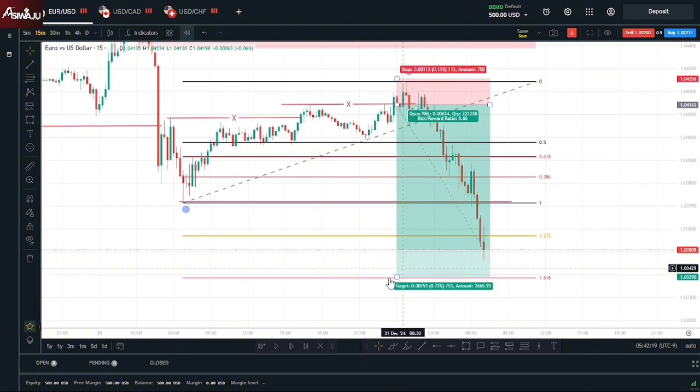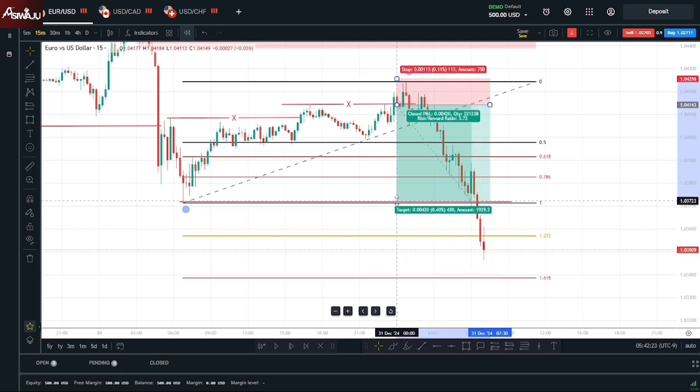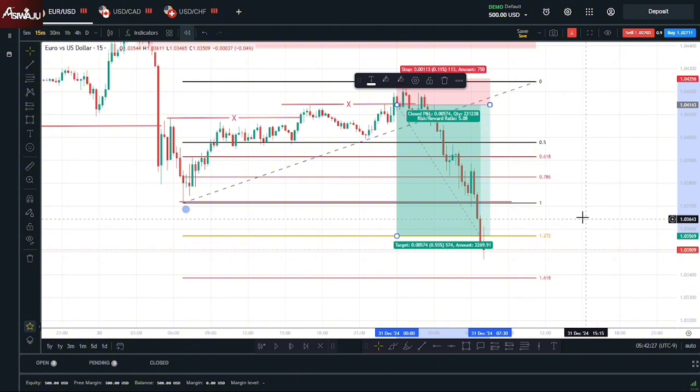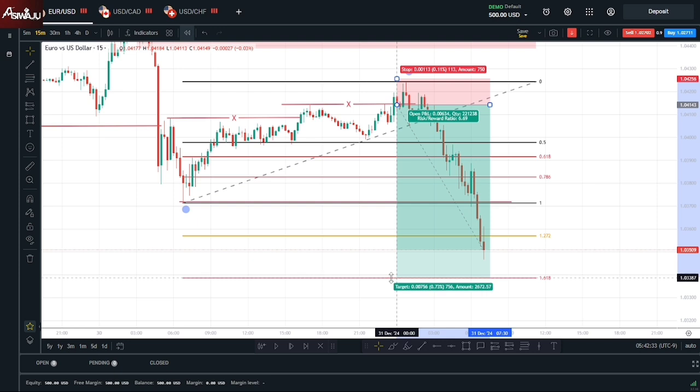So you can target up to your 1.618 in the market. And sometimes, based on the market conditions, you can secure a profit at this point, which is the 1.27, or even up to your 1.618, which is your max point. Sometimes I would trade to this point, the 1.618.